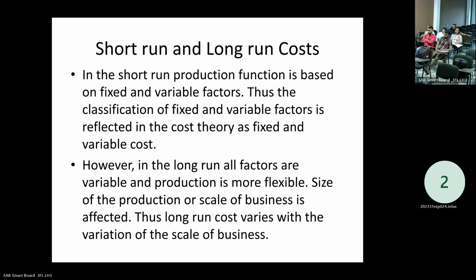In the long run also, we can identify this on the variability of factors of production, which explains the scale of the business. So accordingly, how the cost varies, especially the average cost.